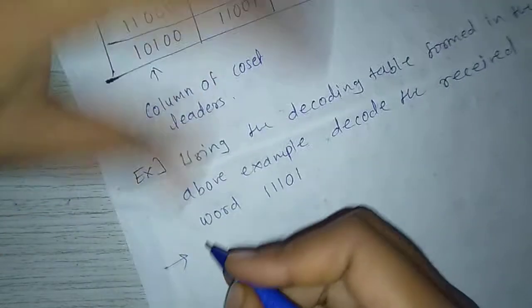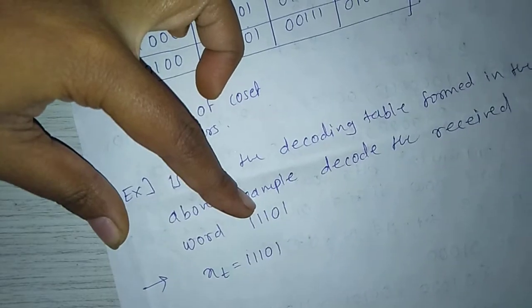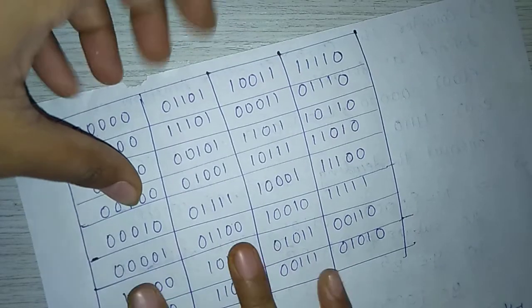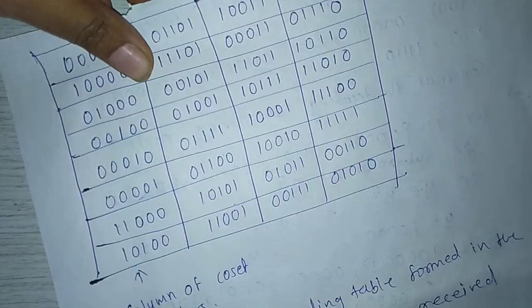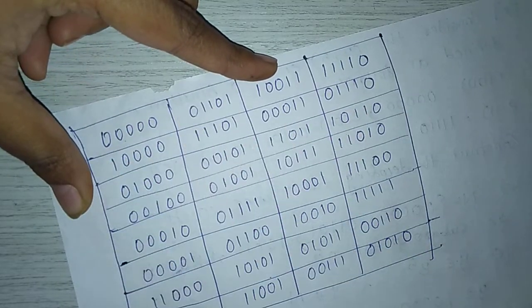Solution. Let xt equal to 11101. Now locate xt in the above decoding table. 11101 occurs in second row and second column.